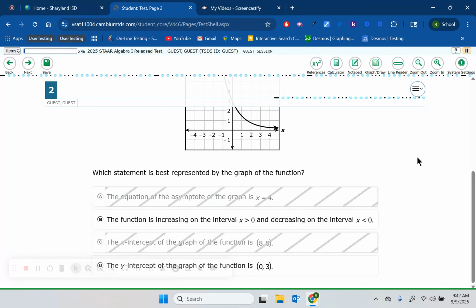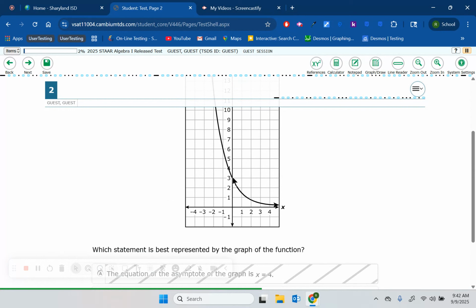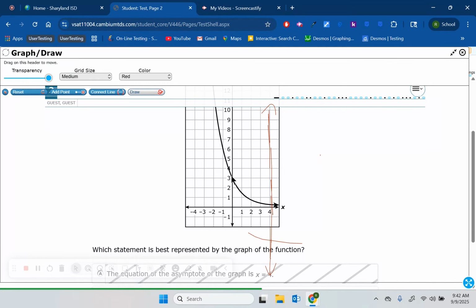Okay. The y-intercept is 3. We just talked about that, didn't we? We said it on the graph, that this guy would touch the graph right there at 3. Because if you know this, the a is the y-intercept.